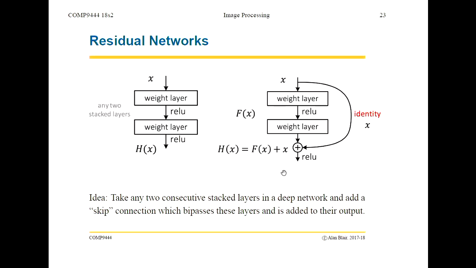Now, what's going on here is, what are these layers actually learning? Well, one way to think of it is that the first 2 layers try to do the entire task. And then the next pair of layers try to correct the mistakes of those first 2 layers.